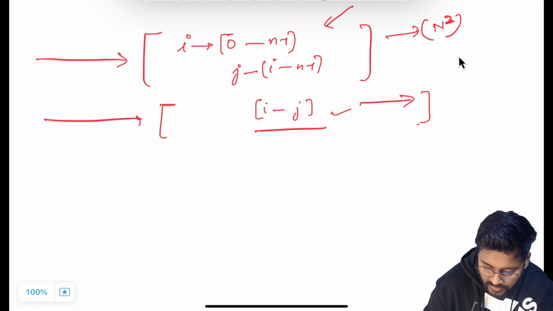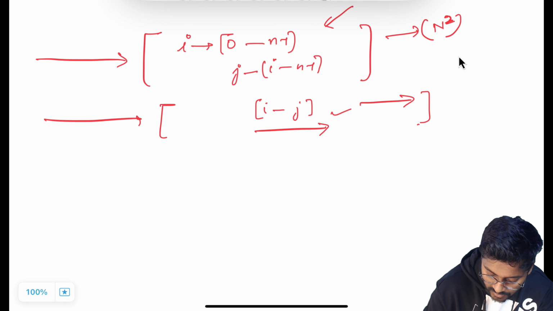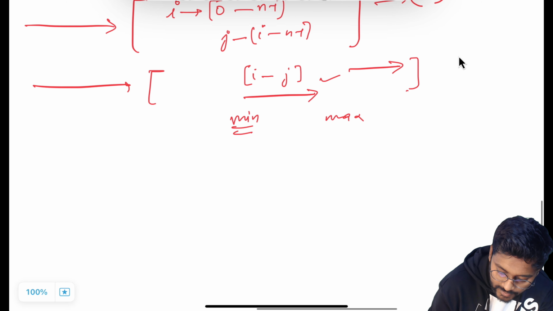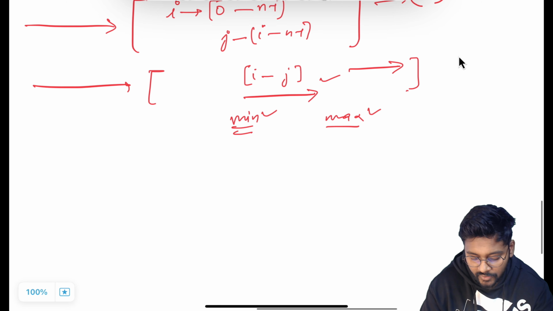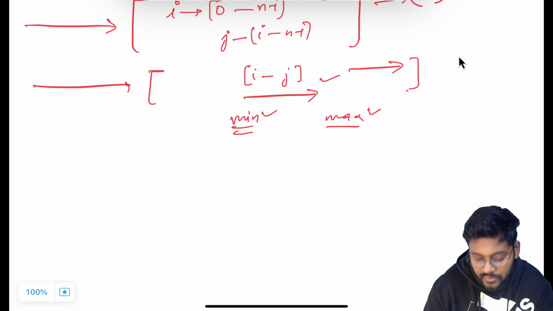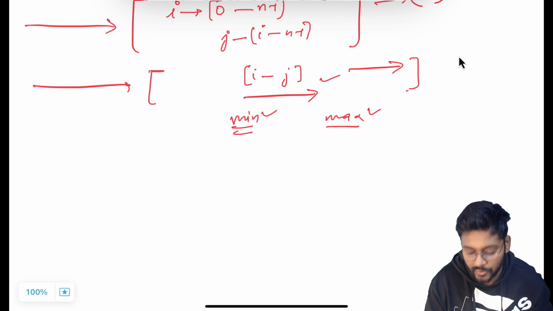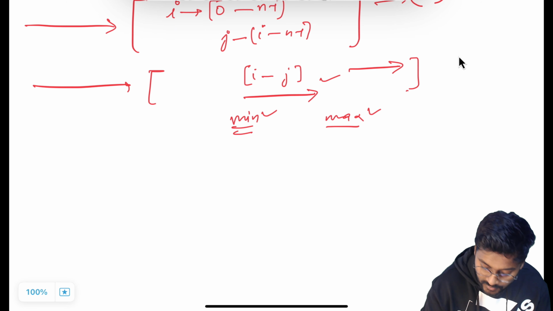What I can do is, while doing the iteration, keep track of the minimum element and the maximum element of that window from i to j. If I keep track of these values during the iteration, I will be able to figure out in order of one time whether this subarray is valid or not. How can we do that?